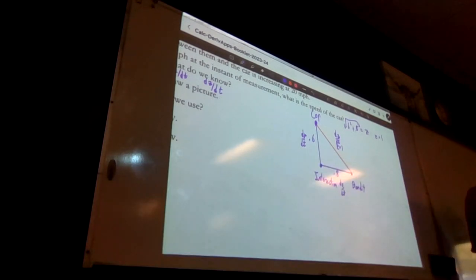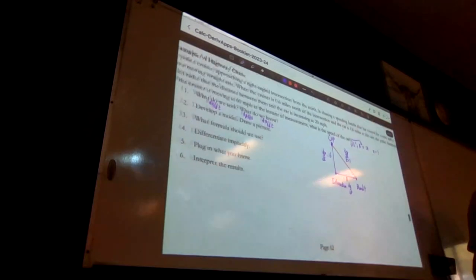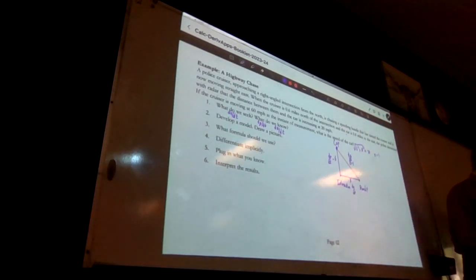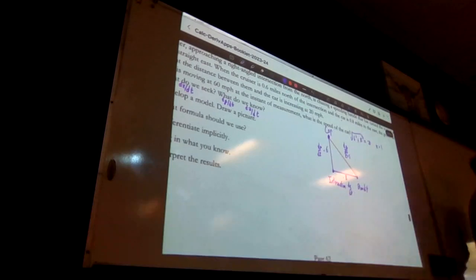Okay. So now remember, what am I trying to find? I'm trying to find the speed of the car. I'm trying to find dx over dt. Therefore, what equation relates all three of these variables? We already did it. We just used it in the incorrect way. The Pythagorean theorem.